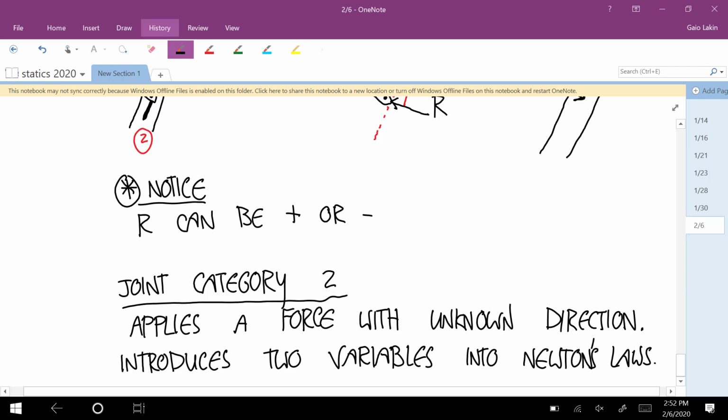Okay, so if you had a rigid body that had one of the first category joints and one of these second category joints that I'm about to talk about, you could do the calculation, because that would be 3 total variables and you have 3 total equations. But if you had 2 different joints in this second category, there's no way using statics to do that calculation.